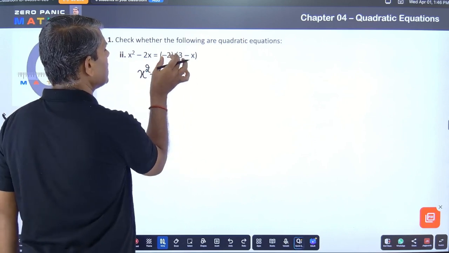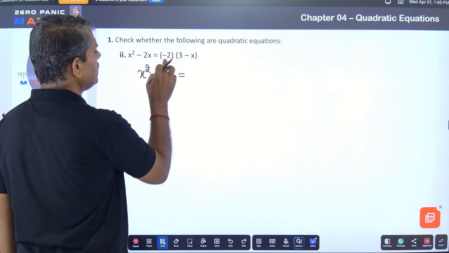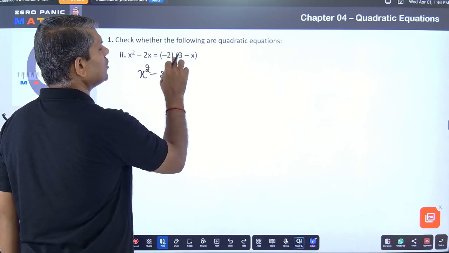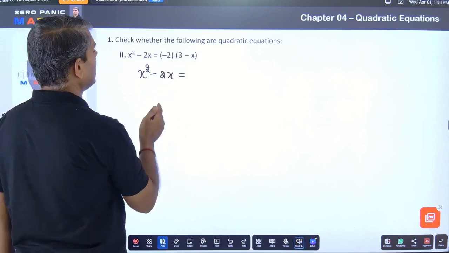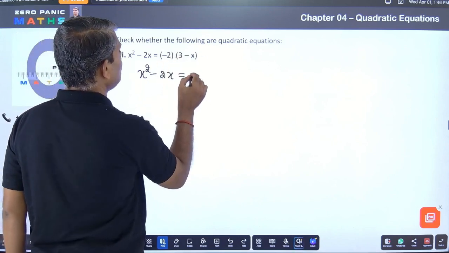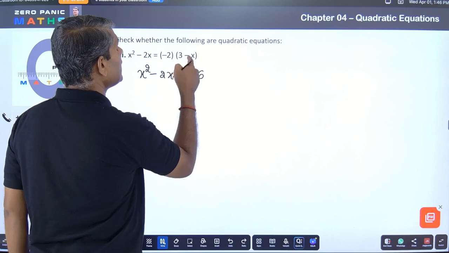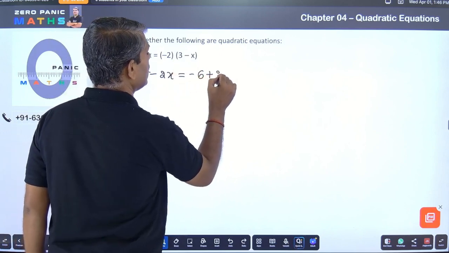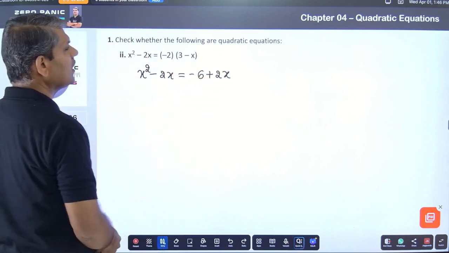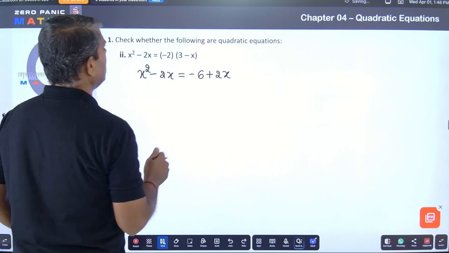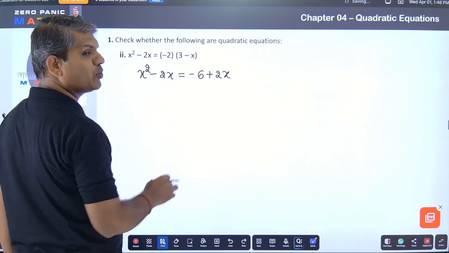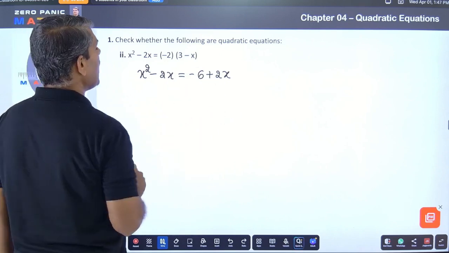They have specifically given a bracket to the minus 2, which means minus 2 should be multiplied to both the terms inside the second bracket. So minus 2 into 3 is minus 6, and minus 2 into minus x is plus 2x. Now don't cancel minus 2x and plus 2x because they are on opposite sides.